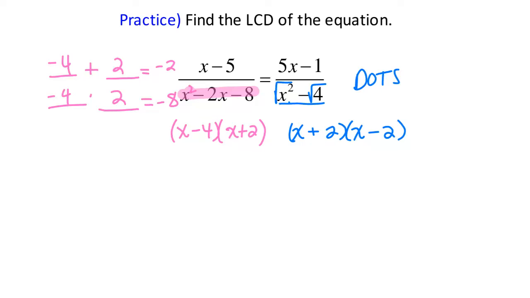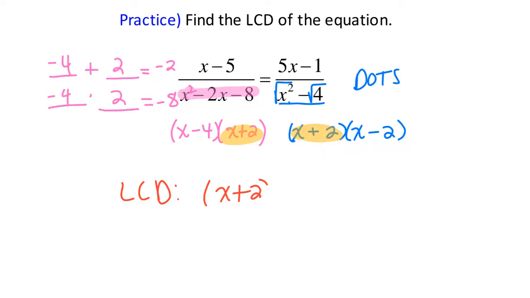All right, so now that my denominators are factored, for the LCD I'm checking what do they have in common. So for LCD, what do we have in common? X plus 2, and nothing else. So x plus 2, I'm going to write it once.